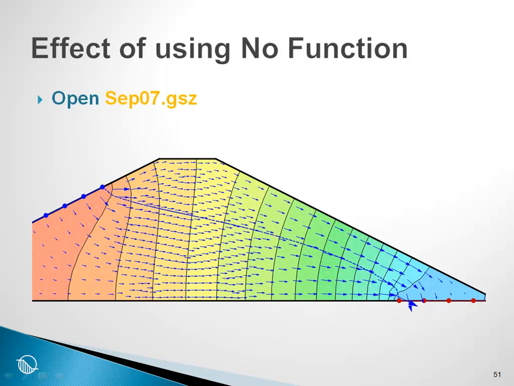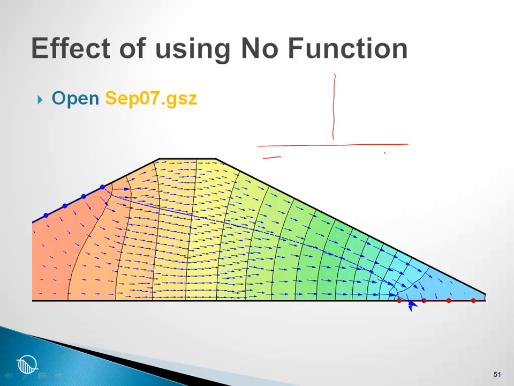Now, there is a tendency when people start using SEEP/W to say, I don't understand anything about unsaturated flow, and all I want to do is a very simple analysis, and therefore I will simply assign my material a constant hydraulic conductivity rather than specifying a function. In essence, what is being said is that I will have a horizontal function.